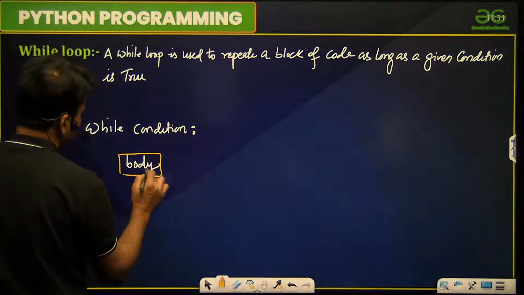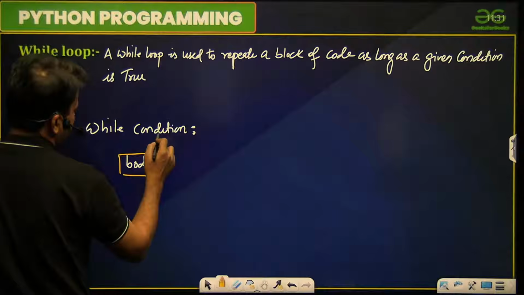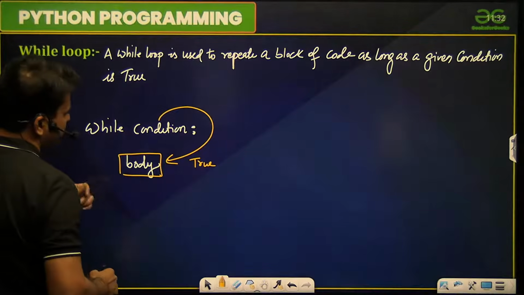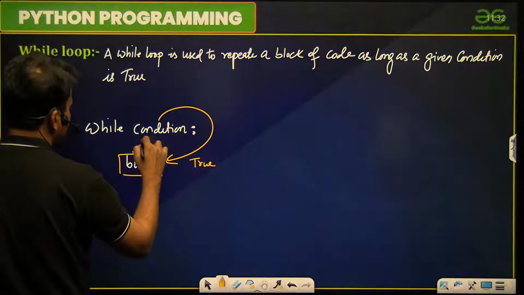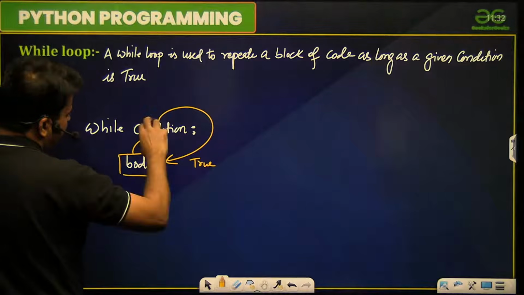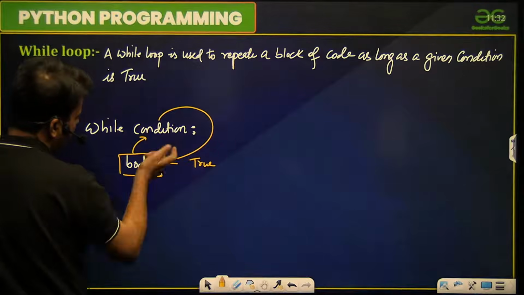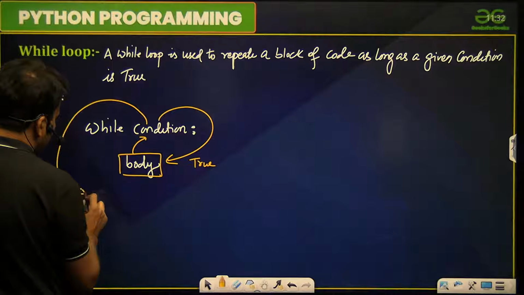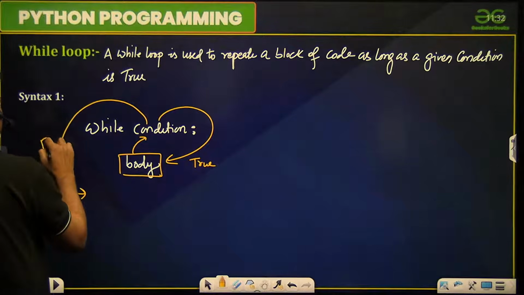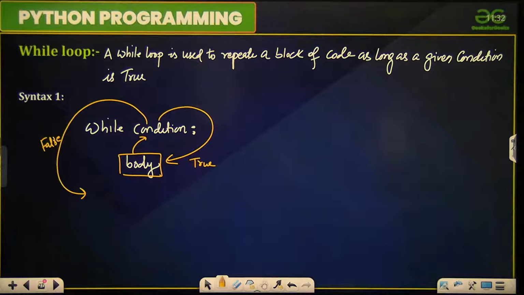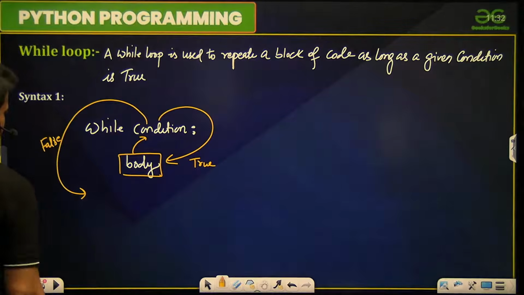First of all it checks this condition. If this condition is true, then this body executes, and after this it goes again to the condition. If it is again true, then again the body executes, again true, again body. When the condition becomes false, then you exit from the while loop. So this is the first syntax.